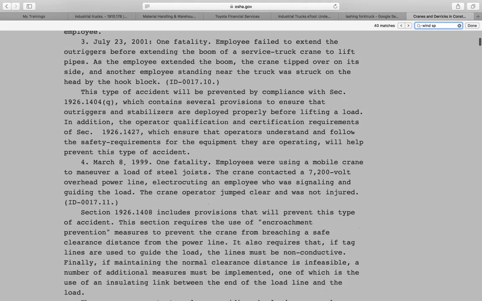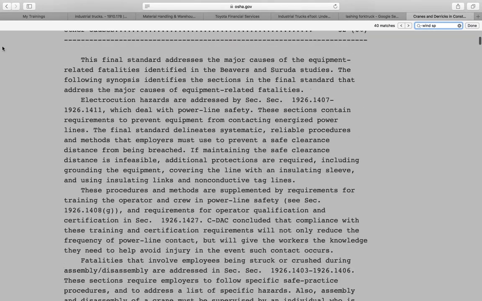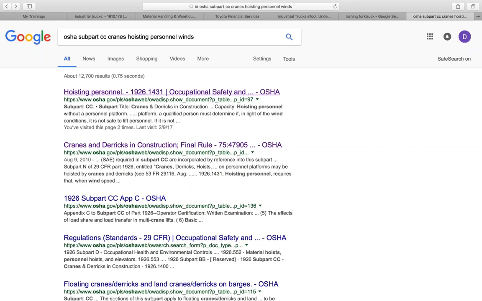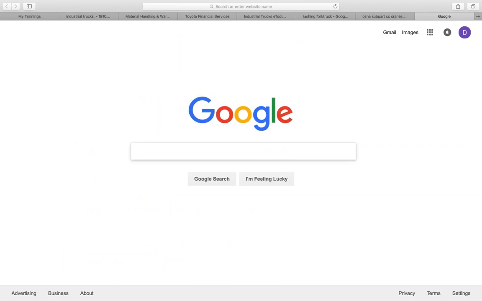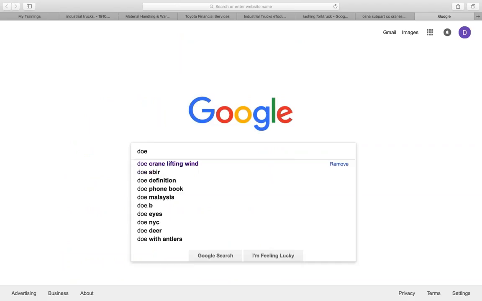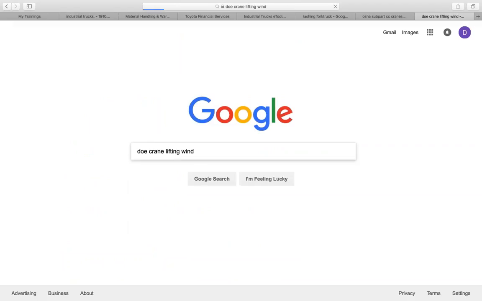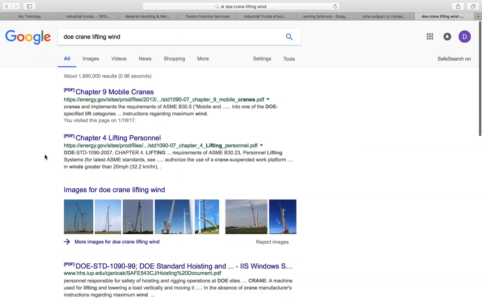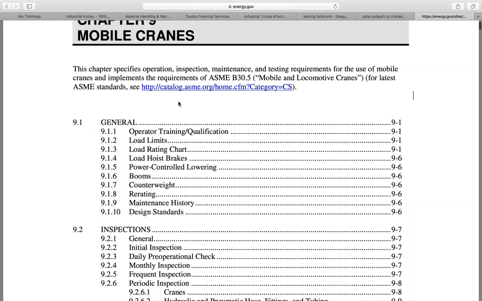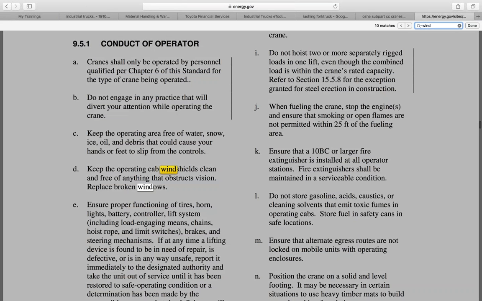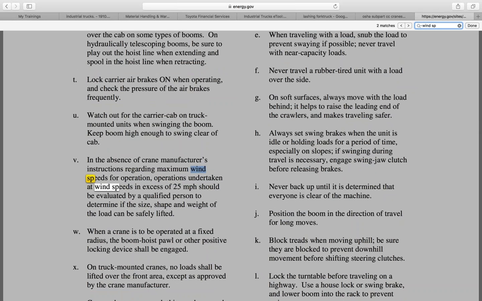Now let me show you where it's going to say it for hoisting materials or equipment. Okay. So materials or equipment is going to be in the Department of Energy, crane lifting wind. This isn't normally what I use, but let me see if it's in here.